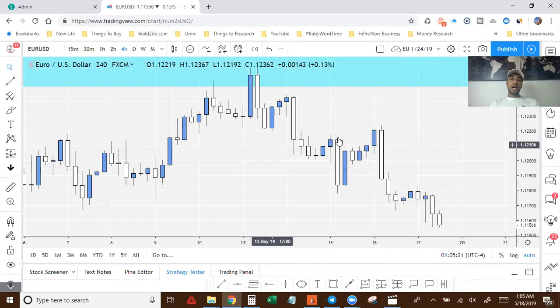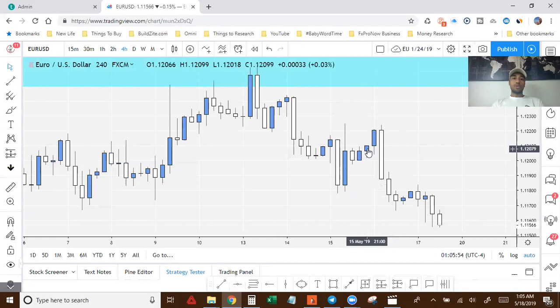Now, there are sometimes where there are no wicks. Why? For example, this small one right here. The reason there's no wick is because it closed right at the highest point. Right when that candle closed, that was the highest point. That's why there's no wick at the top here.